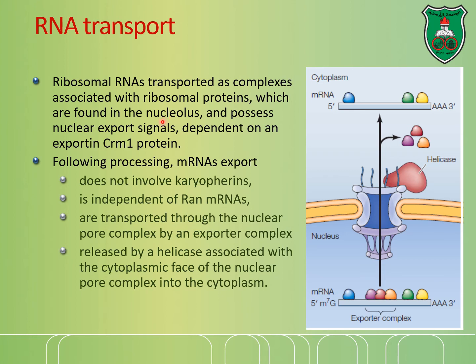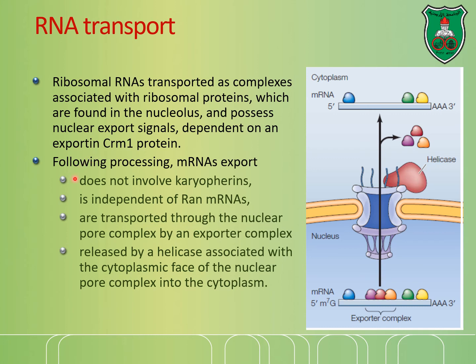We'll talk about the nucleolus in a few seconds. These proteins have a nuclear export signal, and they are dependent on an exportin protein known as CRM1, and their export is dependent on RAN proteins.